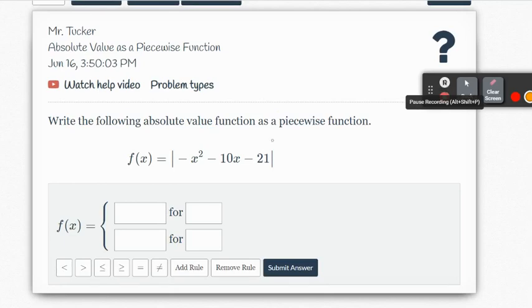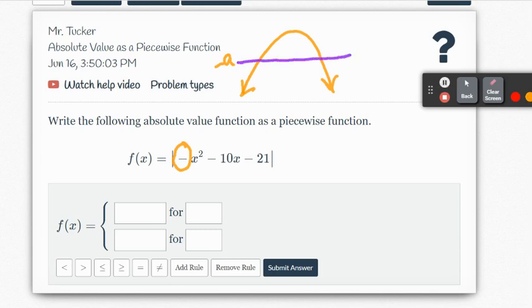All right, in this example, we see that we have a negative a value, which means this will be a sad face parabola. So when you have negative a values, you get this situation here where I'm going to reflect the ends. So both ends, this corner and this arrow, both of them are going to need to be reflected up.